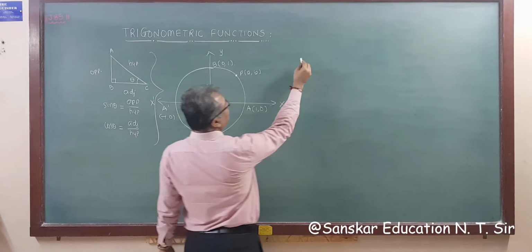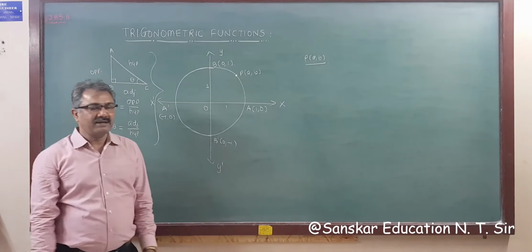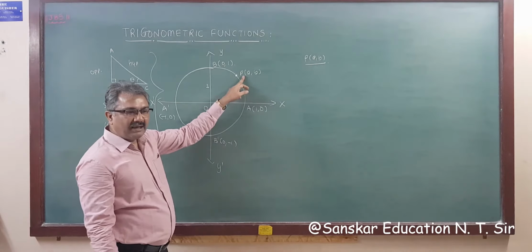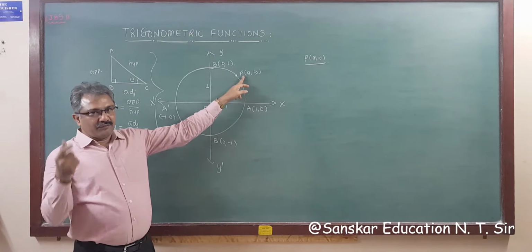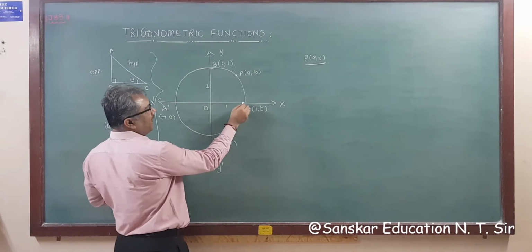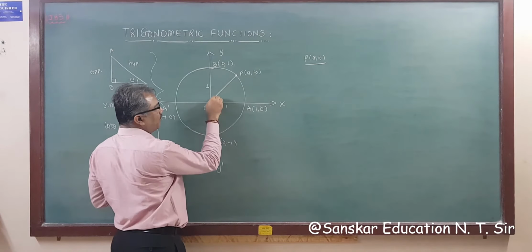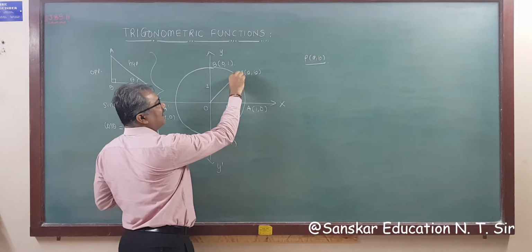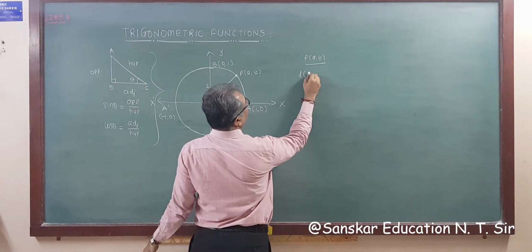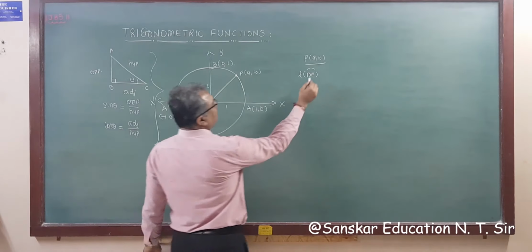So we consider a point P(a, b) on the unit circle, and the angle made by this point P with the origin is angle POA, such that the length of this arc AP is equal to x.